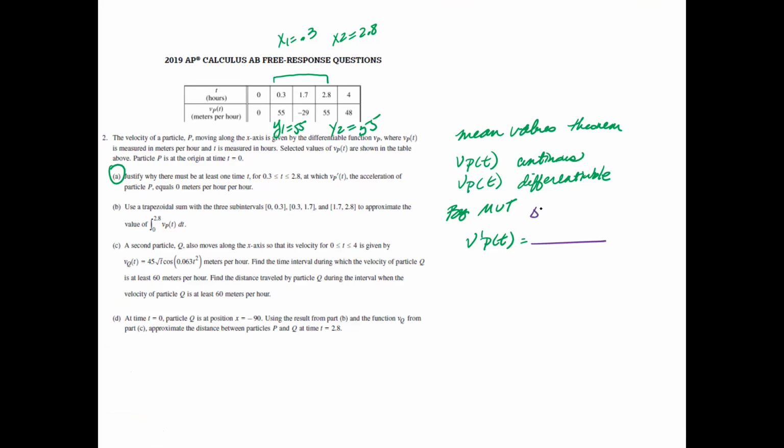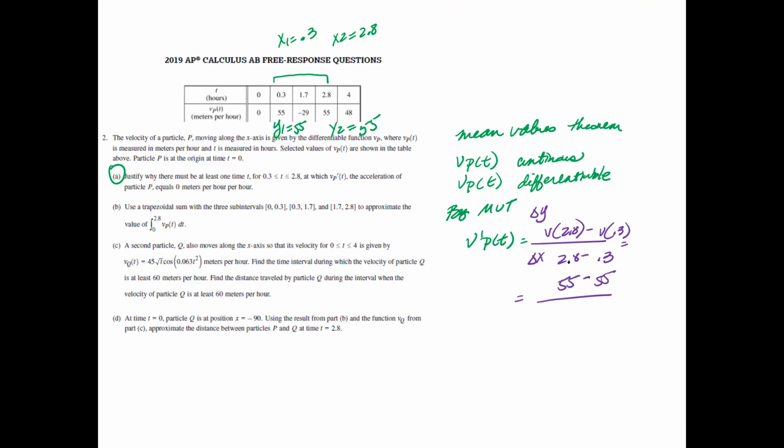Okay, so remember, this is really just a slope formula. So change of Y over change of X. So I'm going to do V of 2.8 minus V of 0.3 over 2.8, which is the X value, minus 0.3. So V of 2.8, as you know, the Y value is 55. V of 0.3 is also 55.